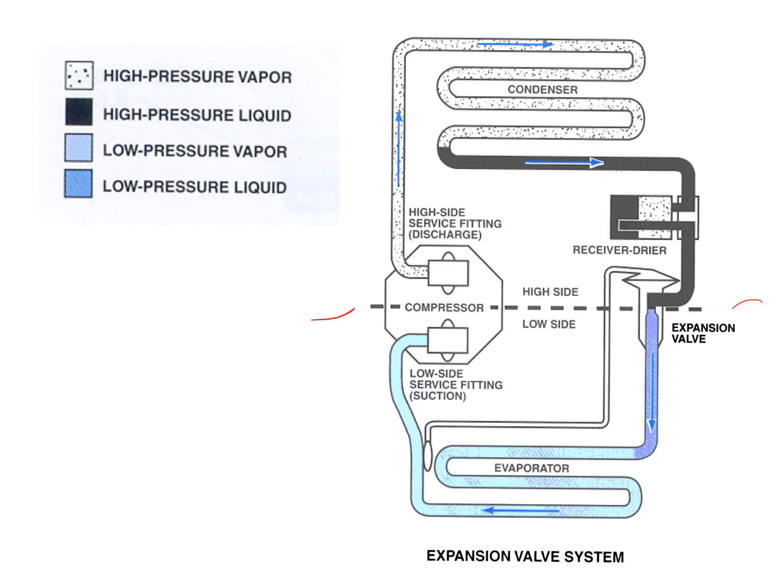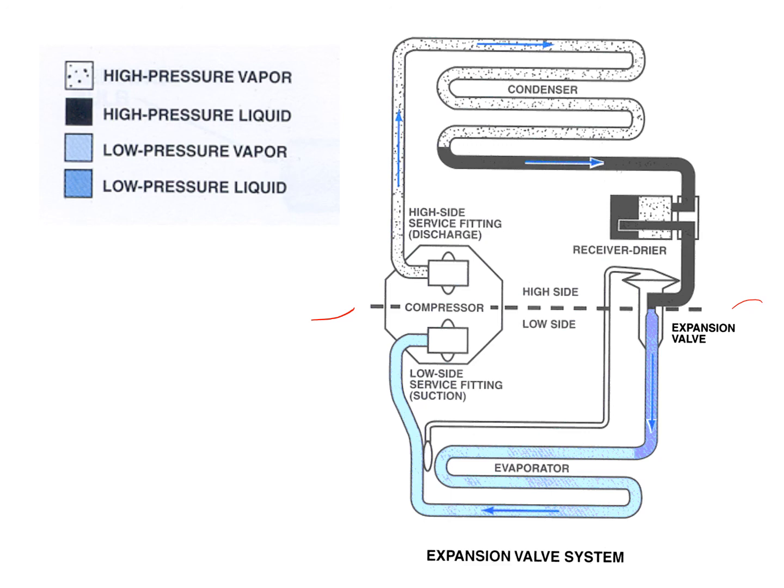There's about an 11 degree temp change from the inlet to the outlet on the condenser. So there is a temperature change that takes place, but you know, it's still considered high temperature liquid that's leaving the condenser. From there, it goes to the receiver dryer.